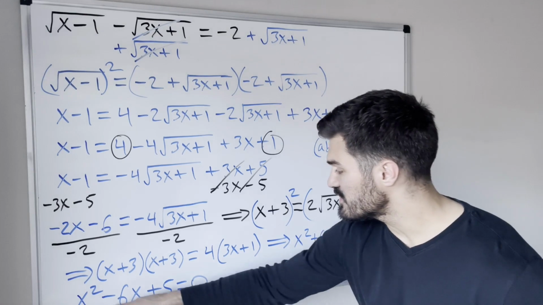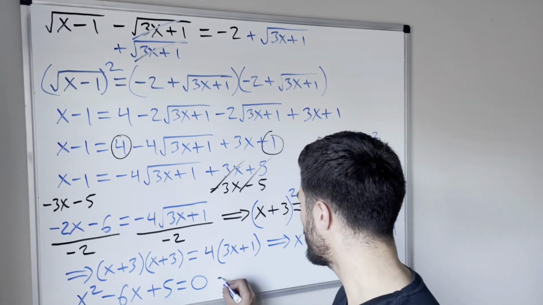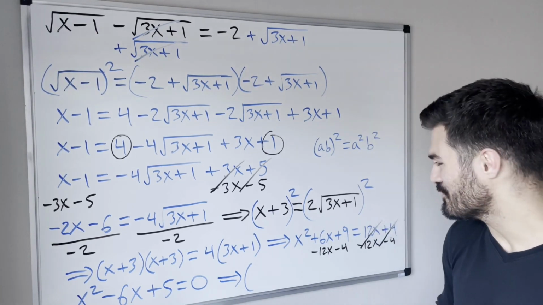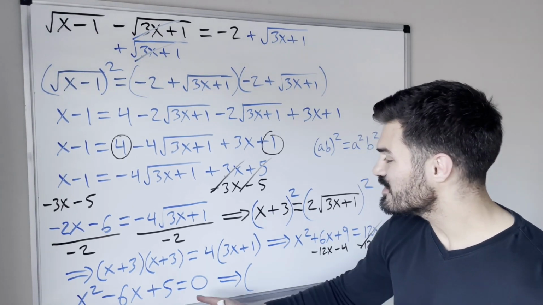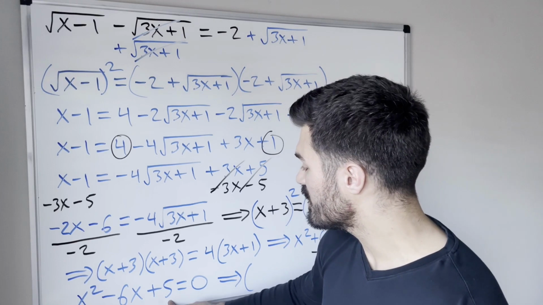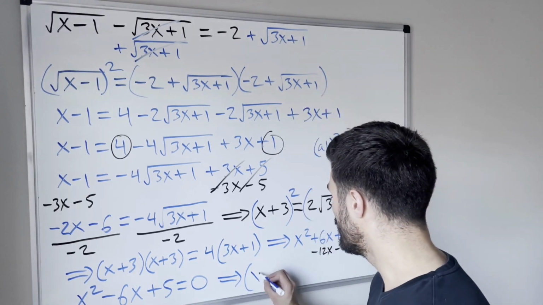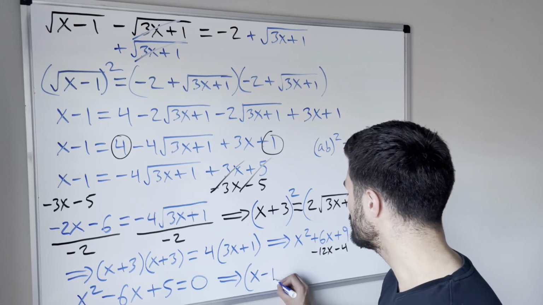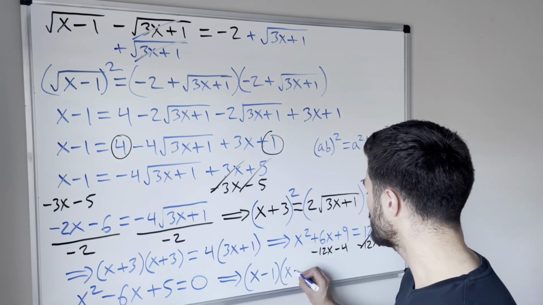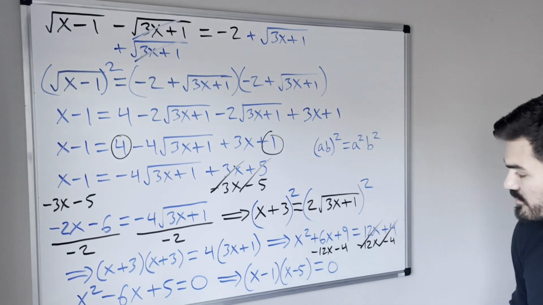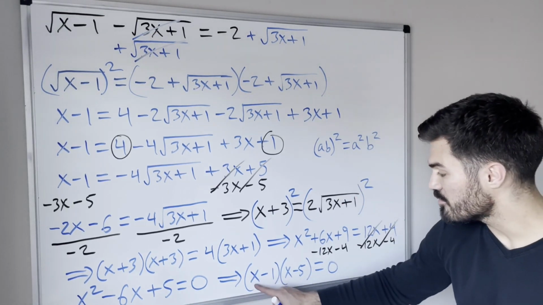So now I think this is factorable. Let's see if we can factor this. Hopefully it is, because I definitely do not have room for the quadratic formula. I think it is. 2 numbers that multiply together to be 5 and add together to be -6. I think that's going to be x minus 1 times x minus 5 equals 0, okay? And we can check that by multiplying this out.